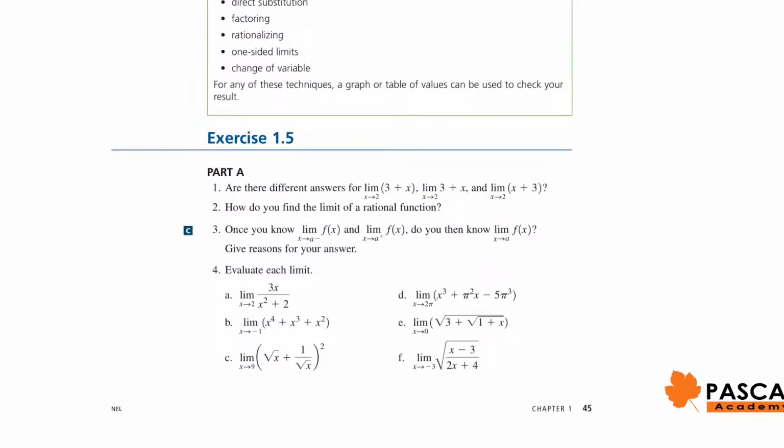To understand the concepts of this section, solve the questions in exercise 1.5, pages 45-46. Question number 1.